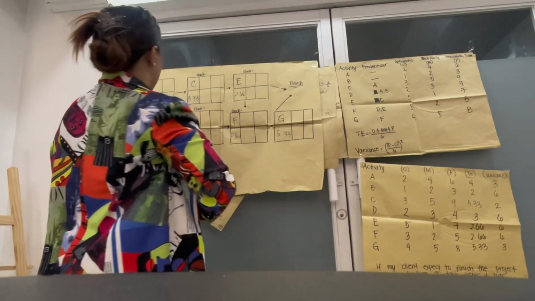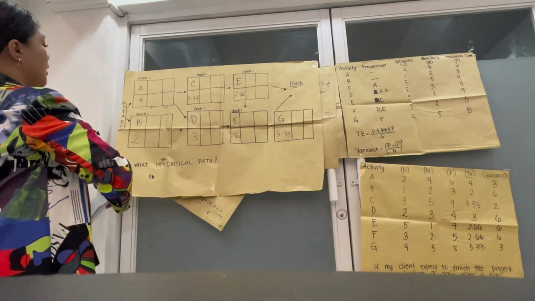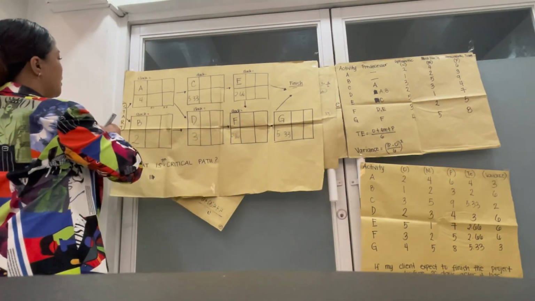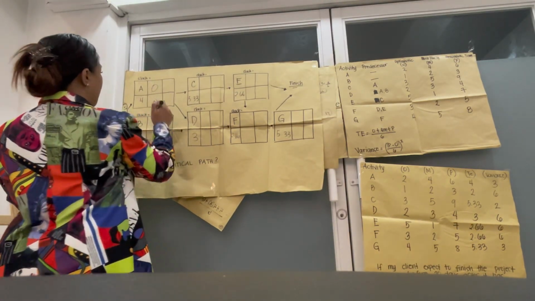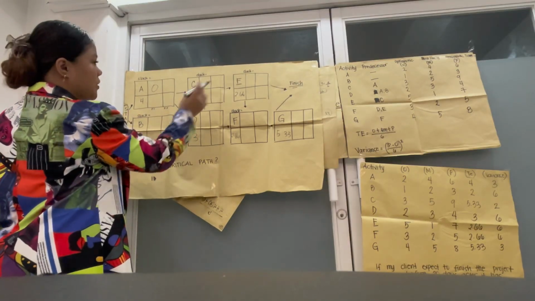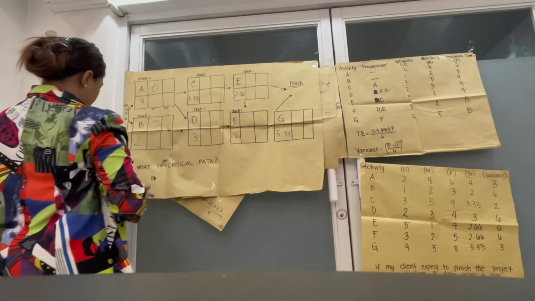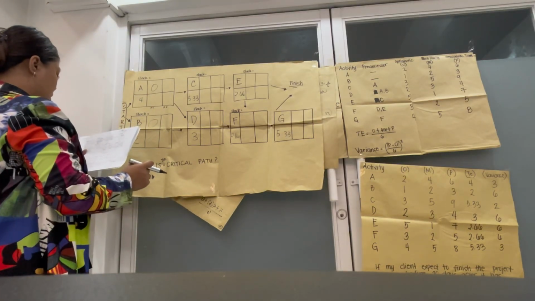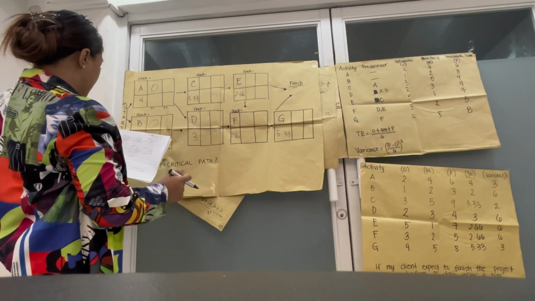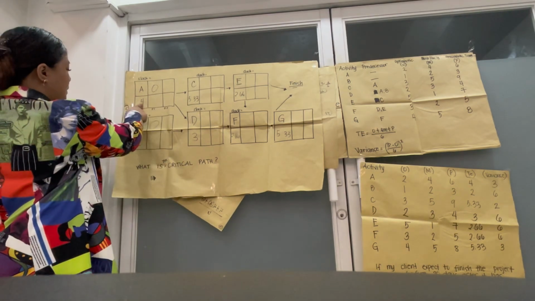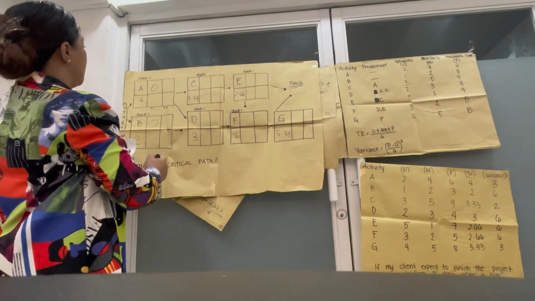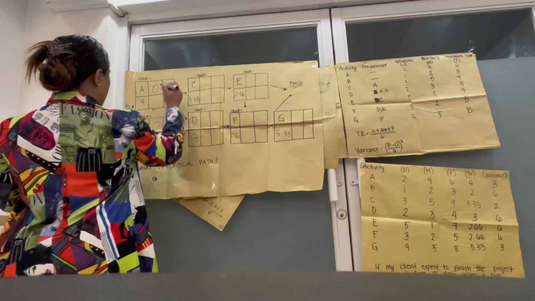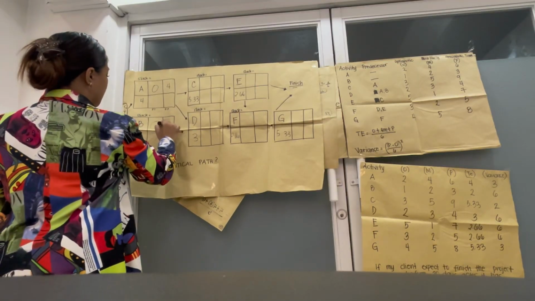So here, the earliest start of letter A is 0, since there is nothing before it. And also letter B. So now what you need to do is compute the earliest finish from the predecessor. So 0 plus 4 is 4, and 0 plus 2 is 2.